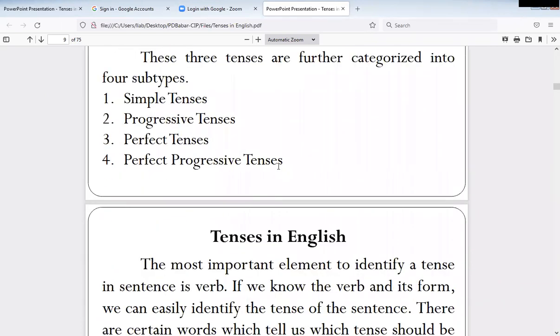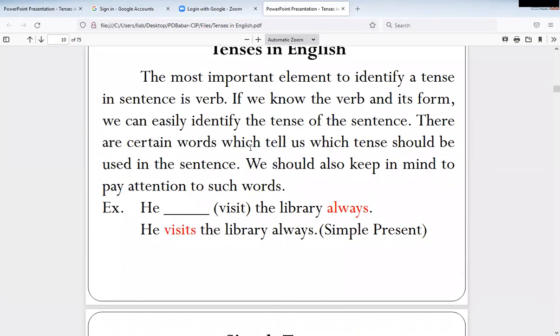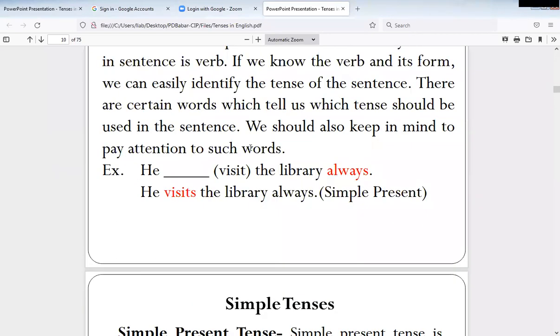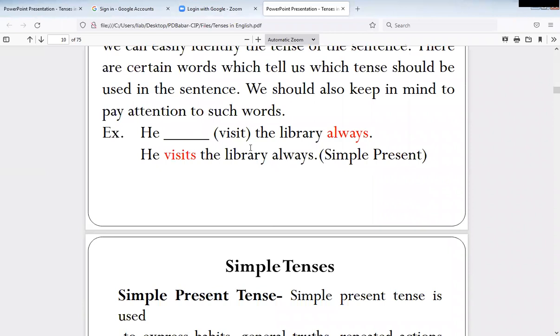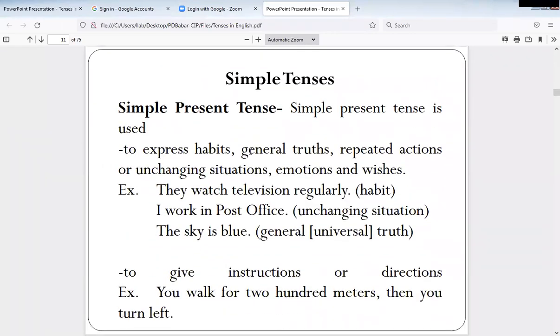Tenses are the structure with the help of which we construct sentences in different times or time spans. We also saw the different structures regarding the tenses, and we were discussing the simple tenses, and first we saw the simple present tense.